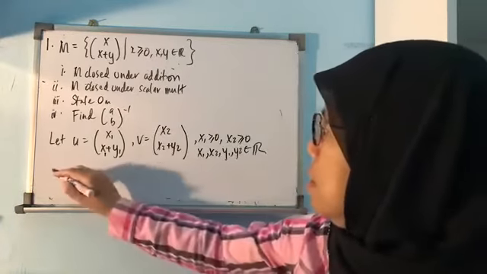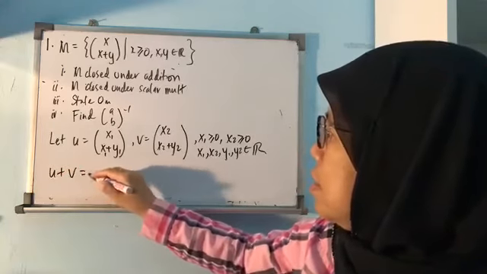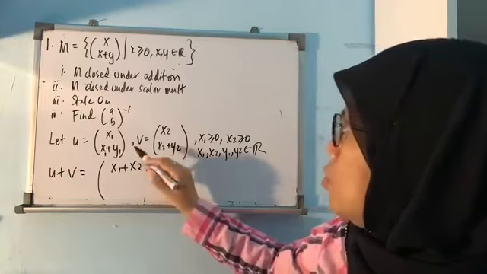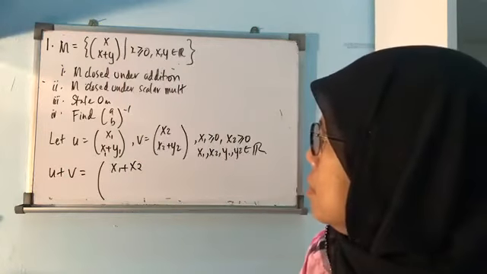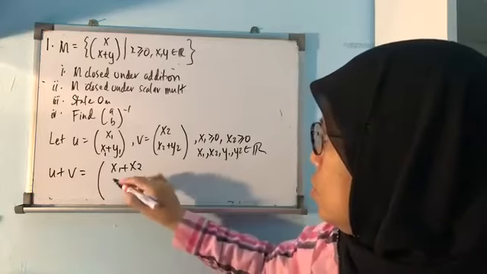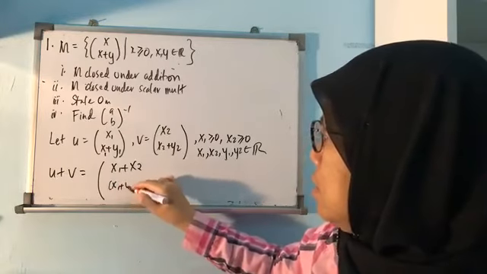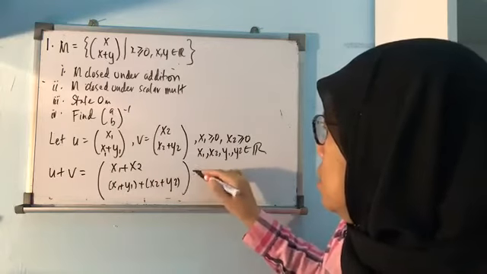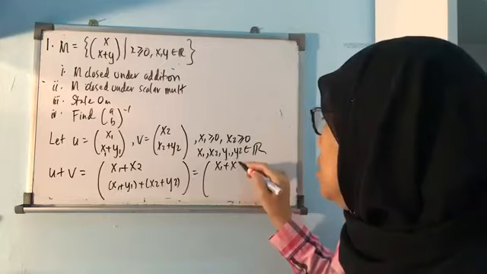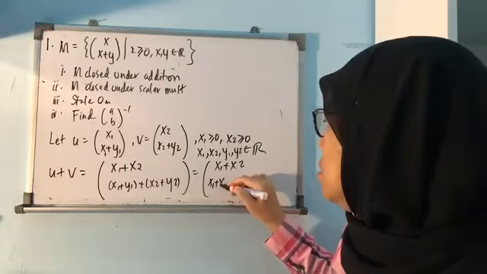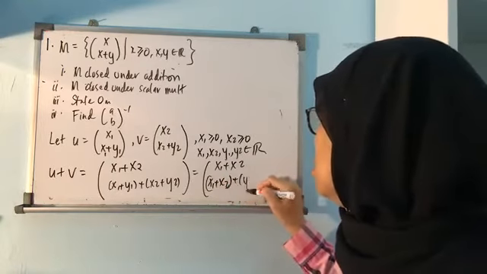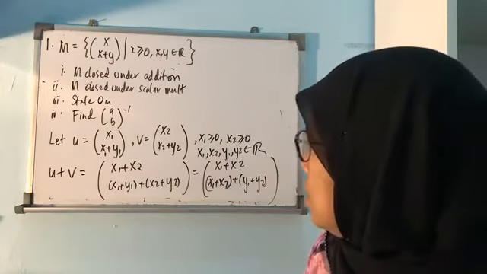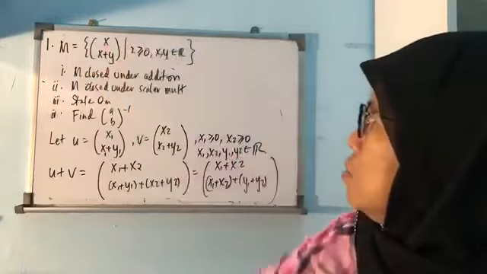Now, what is u plus v? u plus v will be x1 plus x2. You have to show it is in this form. So you add x1 plus x2. This one is x1 plus y1 plus x2 plus y2, which is equal to, because they are just real numbers, you can do it like this, right? And you also have to mention that the first one is bigger or equal to 0.